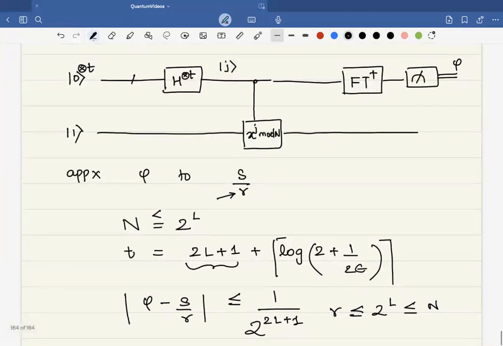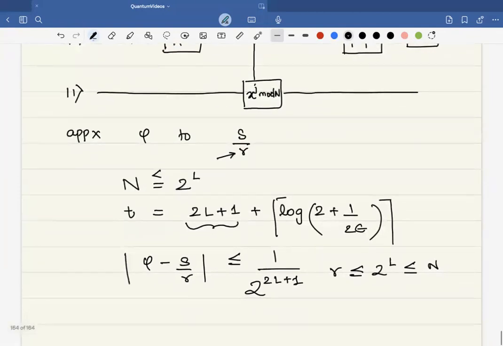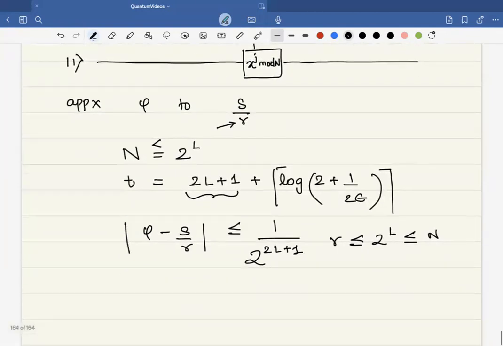Okay, so that's the order finding algorithm. And now to go to continued fractions, we'll need a theorem. So on to continued fractions now. Last time we had seen how a rational number can be represented as a continued fraction, and we saw that the continued fraction algorithm was also efficient.